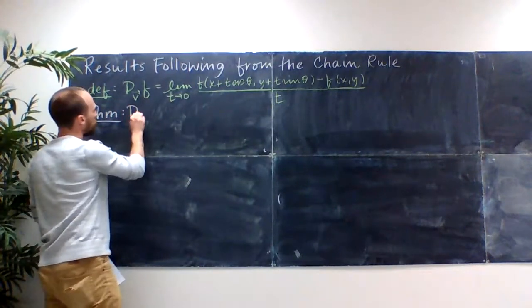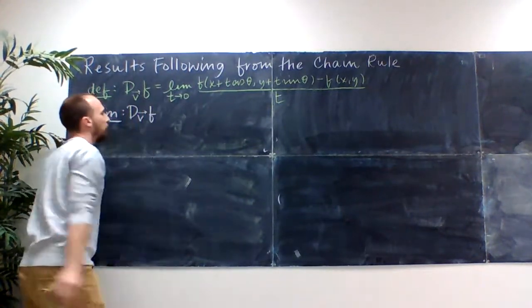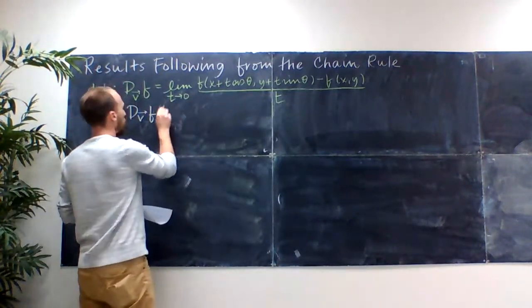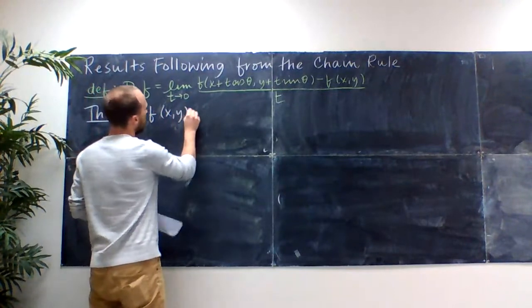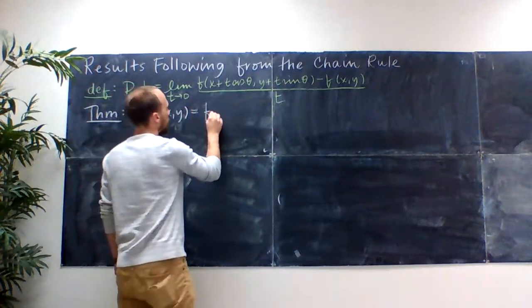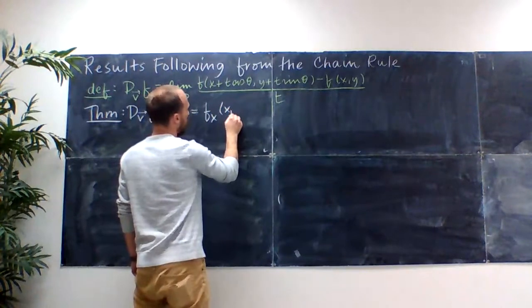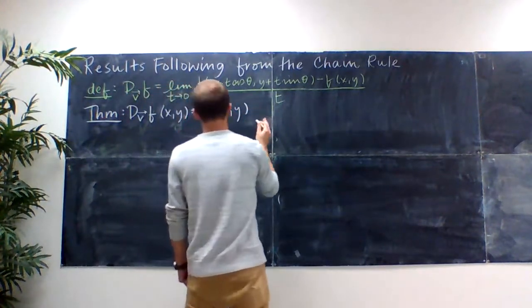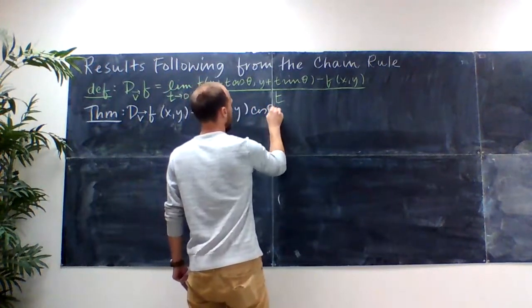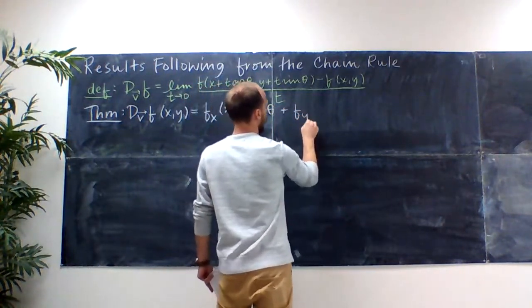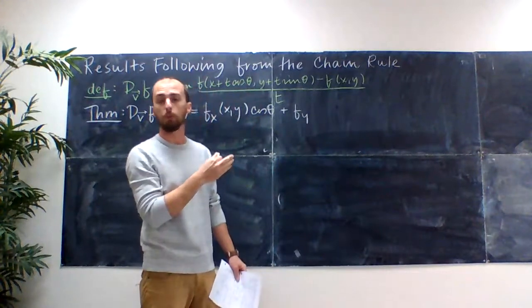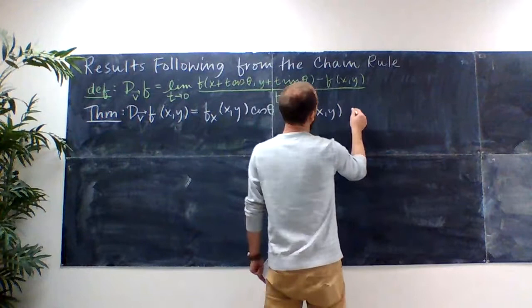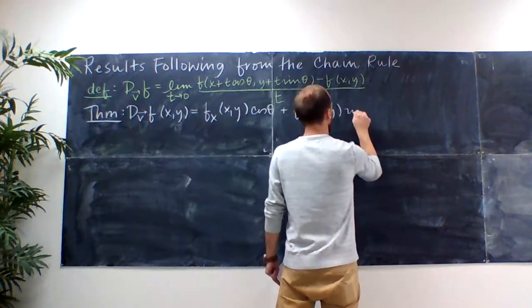So the theorem I want to prove for you here is that the directional derivative of f in the direction of v at a point x and y is equal to fx at x and y, the partial derivative of f with respect to x at the point, multiplied by cosine theta, plus the partial derivative with respect to y evaluated at point x, y, multiplied by sine theta.